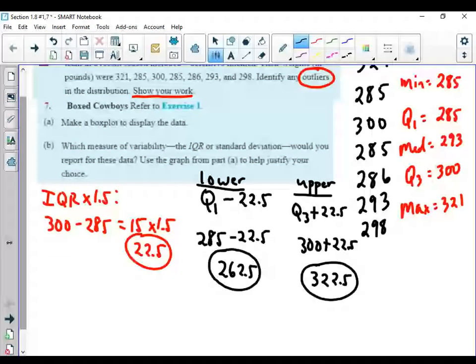So I go and look, did I have any values that were above that? Well, our maximum was 321, so I was in good shape there. So what that means is I did not have any outliers for this data. We didn't have anything that dipped below the lowest value or above the upper value. So we didn't have any outliers.